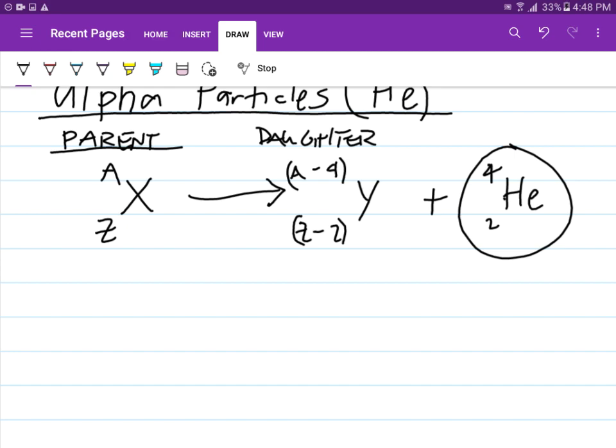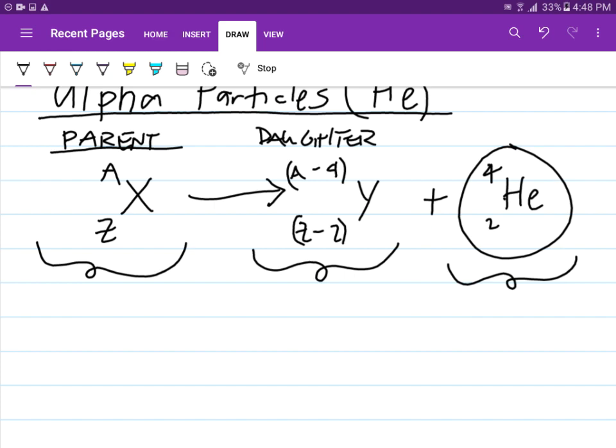In terms of their masses, the parent nuclei should weigh heavier compared to the sum of these two masses.